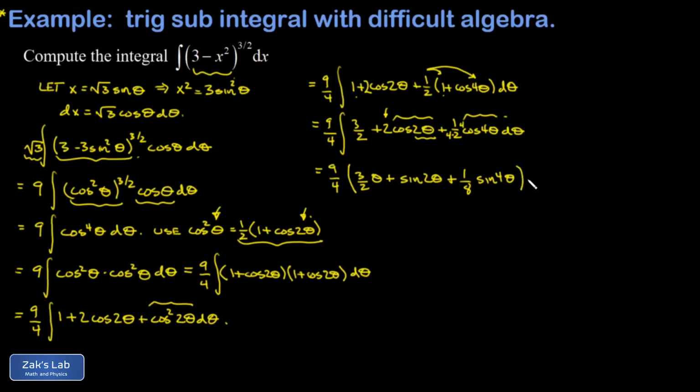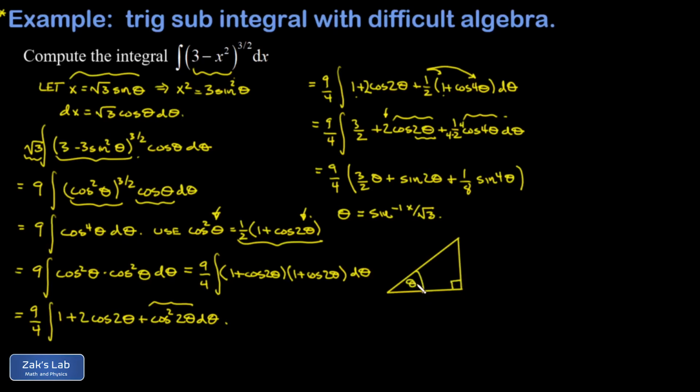At this point, we have the result of the integral in terms of theta, but we're not done until we get it in terms of x. If I go back to my original substitution, x is root 3 sine theta, and that means theta is the inverse sine of x over root 3. We can visualize this angle with a right triangle. This is going to be useful for computing trig functions of inverse trig functions.